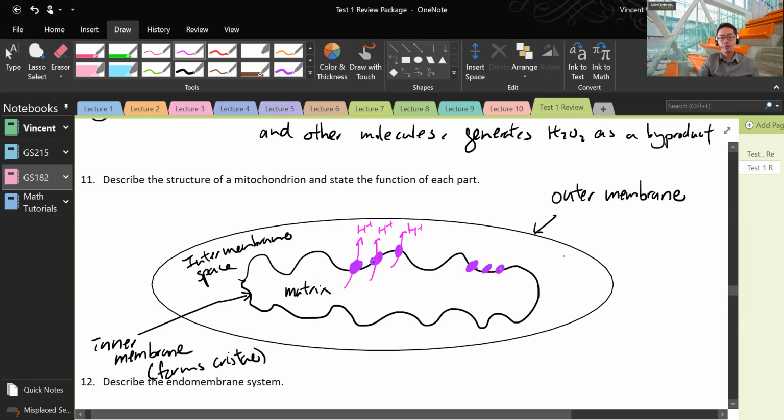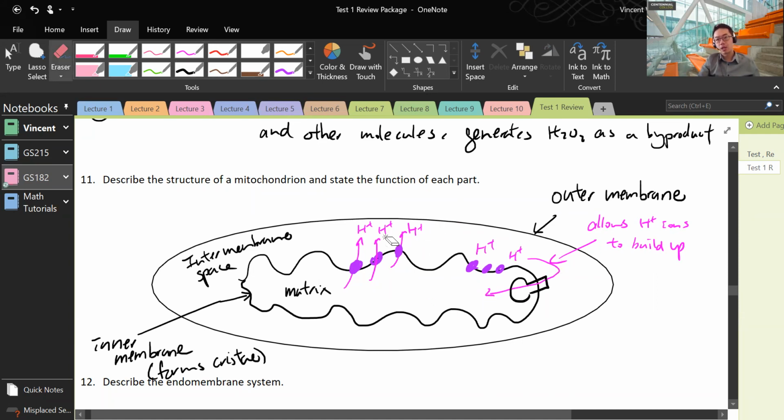Okay, so allows H+ ions to build up in here. And by building it up, you create a concentration difference, right? Which would then allow them to come back down into the matrix, right?